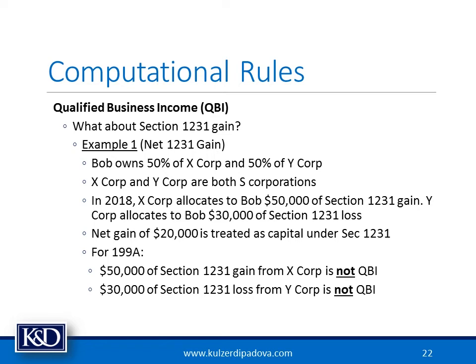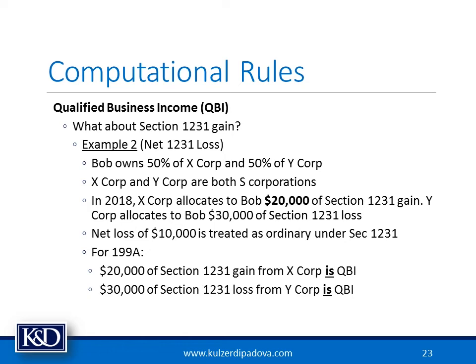Under 1231, that's going to be treated as capital, which means under 199A, you look at them individually. So now the $50,000 of gain from X Corp is not QBI, and the $30,000 of 1231 loss is also not QBI, right? Because it was treated as capital gain under 1231.